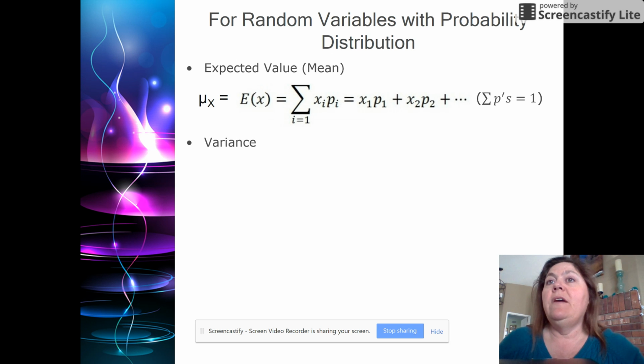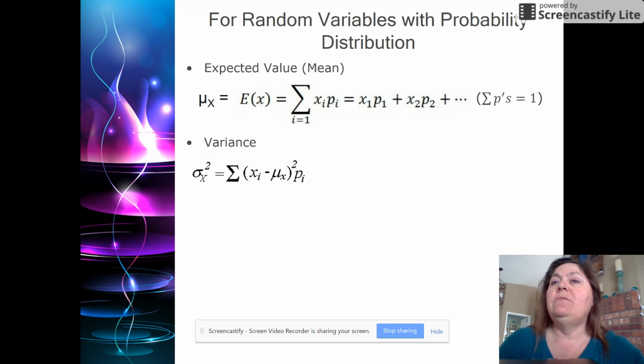The variance is similar, where we're going to remember the variance is the difference from the mean. So as you can see here, you take every individual x value from your probability distribution table, subtract the expected value you got above, the mean of x, sub x, from each value, and then of course square it, and then multiply it by the probability for each.